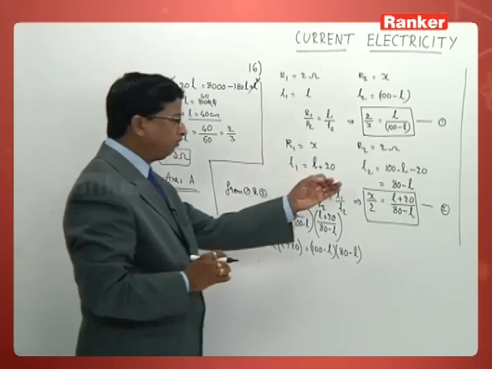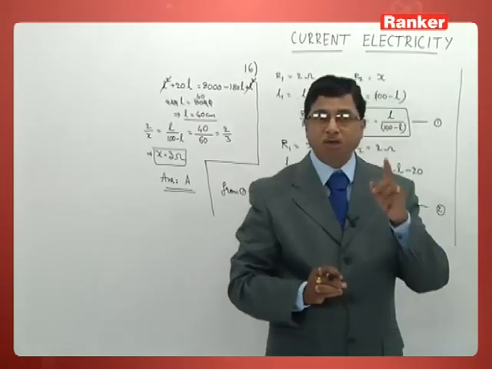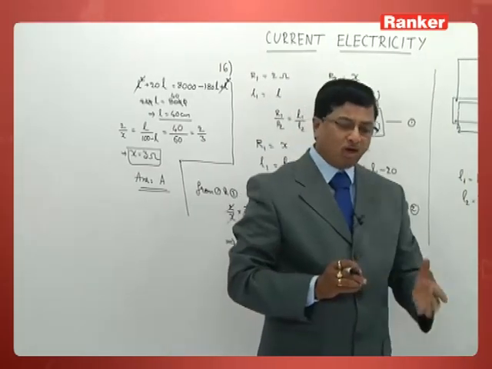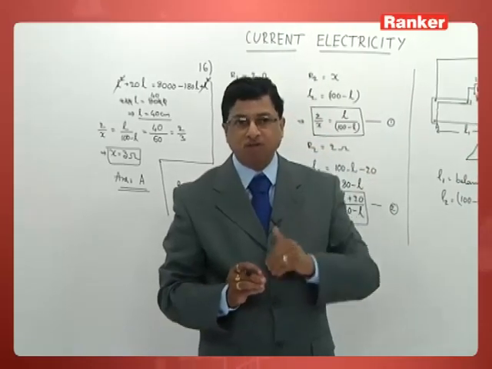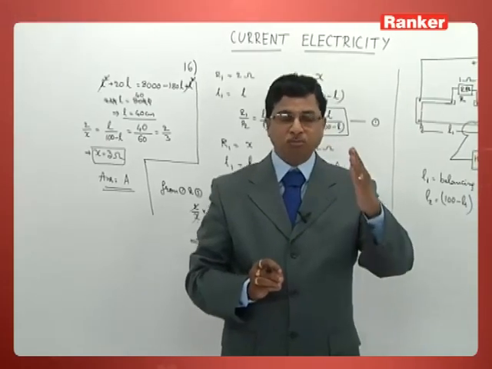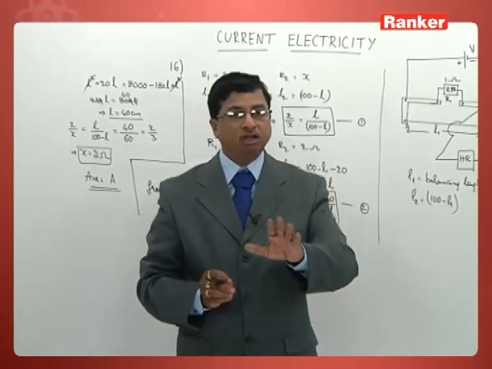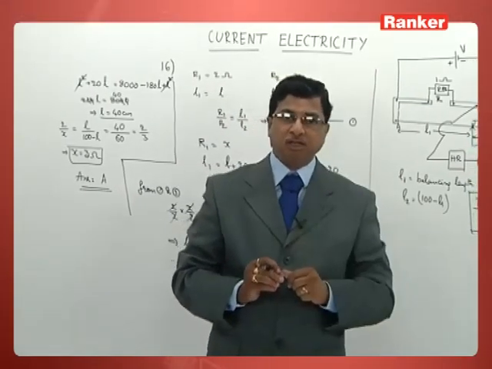So every one of you, first of all, should have the concept of meter bridge in memory. If you know the meter bridge, automatically you can even recollect the concepts of Wheatstone bridge also. In fact, every one of us knows both Wheatstone bridge and meter bridge are based on Kirchhoff's laws only.